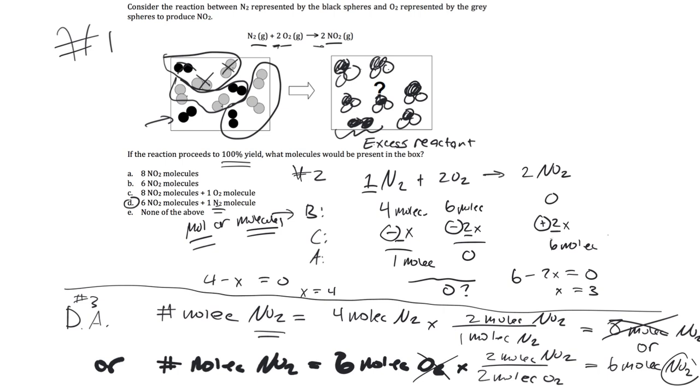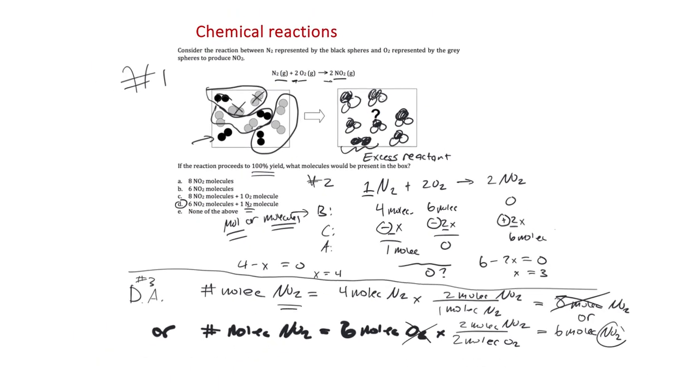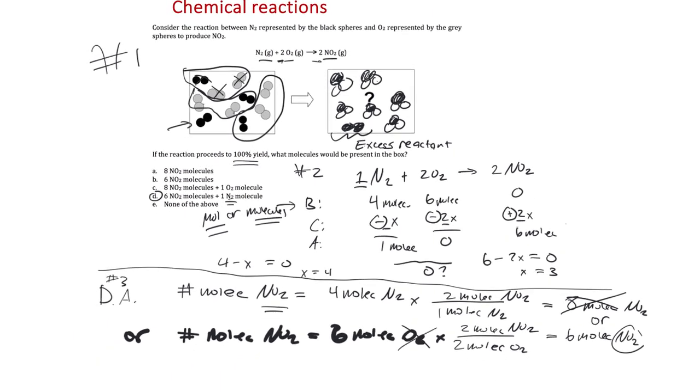The concept is that we're just trying to say what's the most amount of product you can make off of each of the given reactants, and the one that's less is where we hit our stopping point. That's the most that we can make according to the amounts in the problem, and then the other reactants are just left over in excess. And so then how can we solve by dimensional analysis the excess reactant problem?